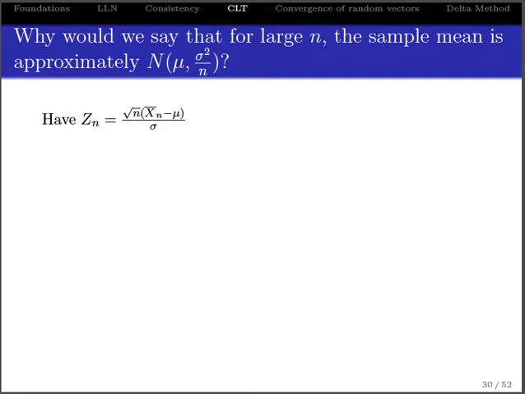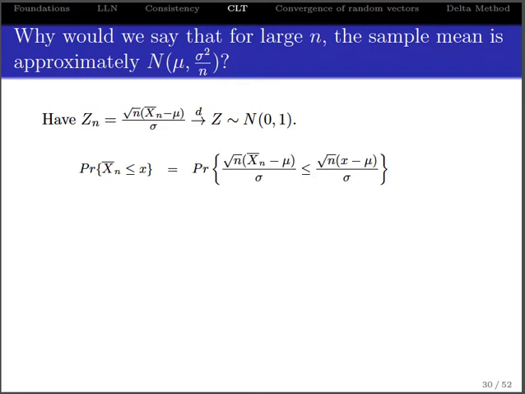Suppose you have a random sample from some unknown distribution, and you calculate Zn equals the square root of n times (X bar minus mu) over sigma, and we know that converges in distribution to a normal 0, 1. That's the central limit theorem. So let's consider the approximate probability distribution of X bar for large samples. That's the probability that X bar is less than or equal to x.